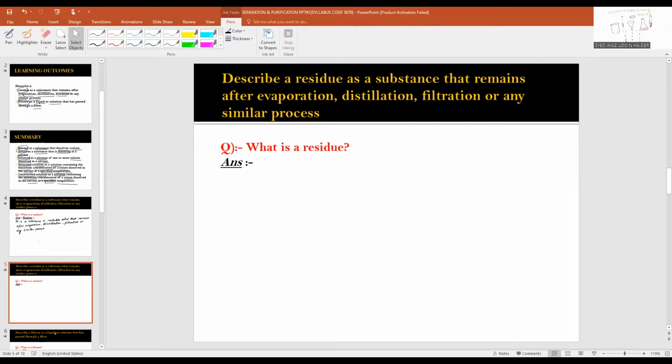During evaporation, filtrate is heated or boiled in an evaporating dish to get the crystals of the residue. This is the evaporating dish.